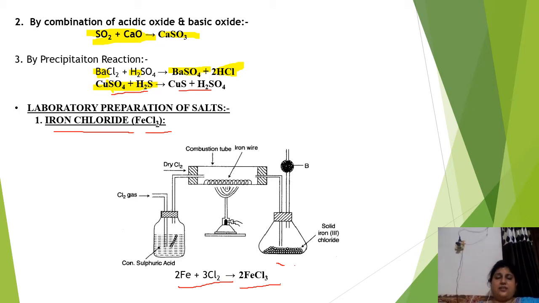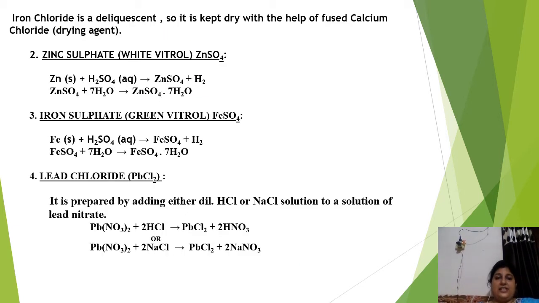We will discuss deliquescent substances in the next slides, but it is highly deliquescent. So that's why it is kept dry by adding any drying agent, meaning one which absorbs water, so water vapor will not get added there.